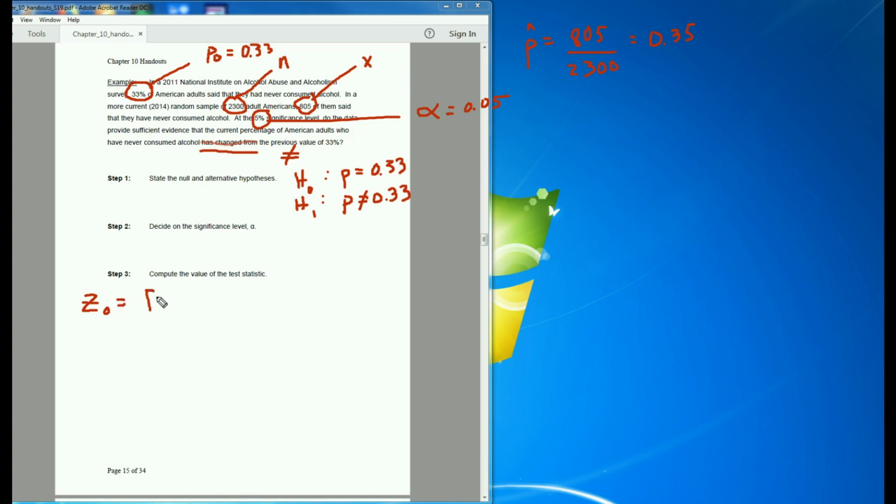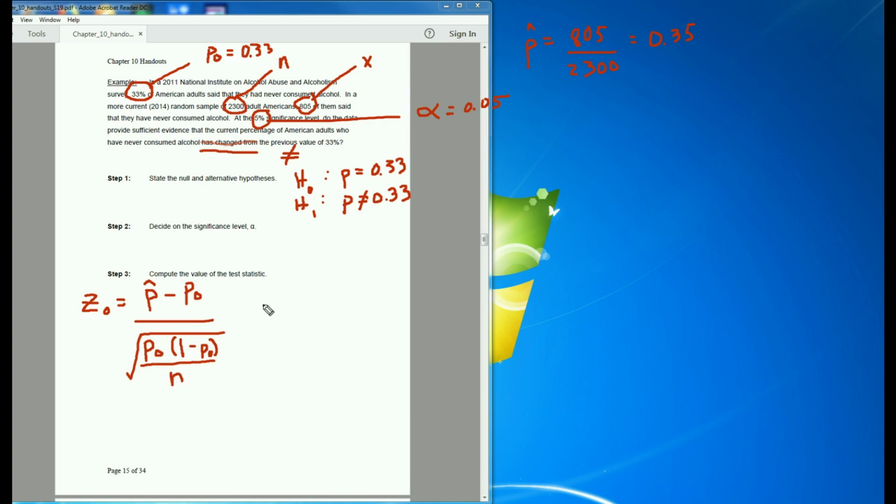The formula for that, which we went over in class, is p hat minus p0, divided by the square root of p0 times 1 minus p0, divided by n, all of that under the radical.